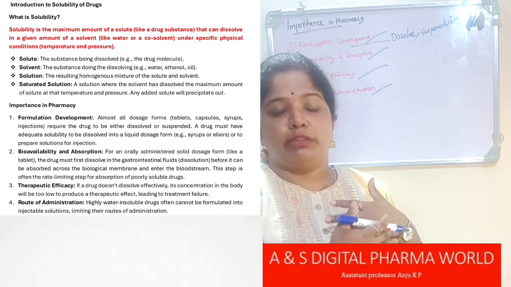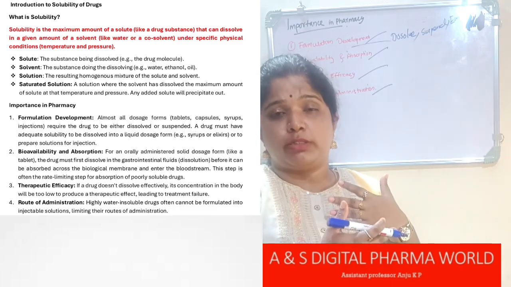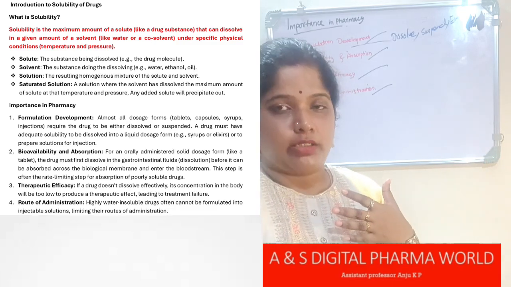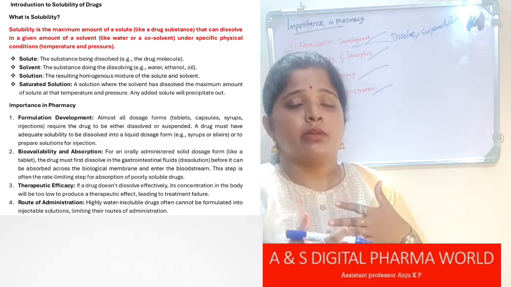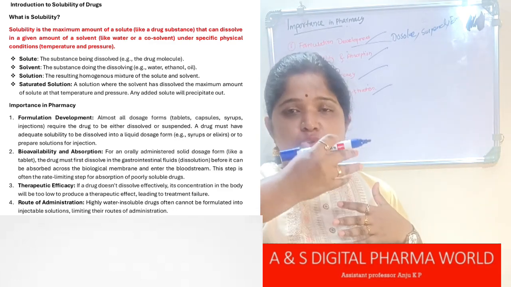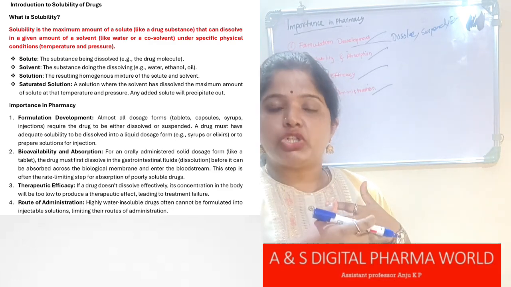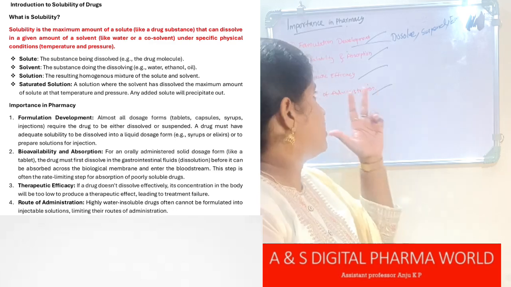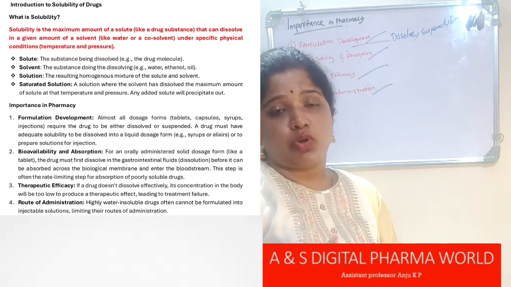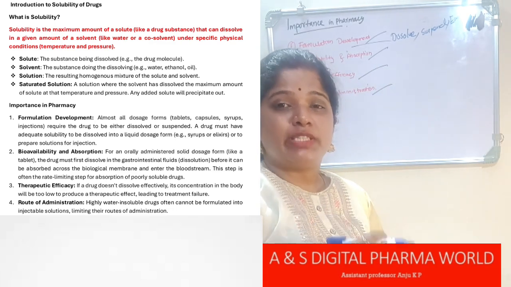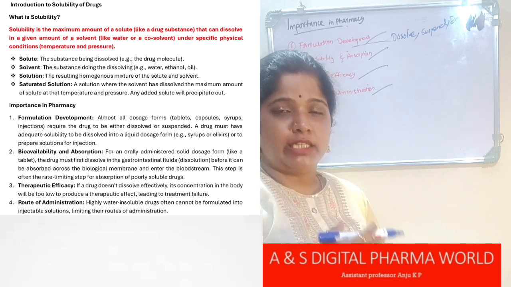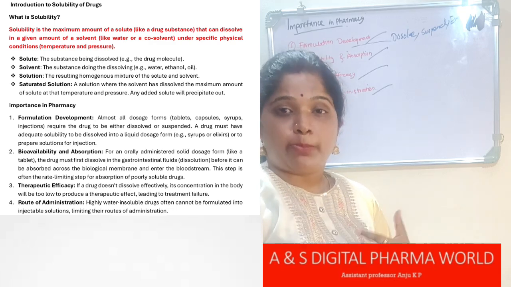If we are taking poorly water soluble drugs, it will be difficult. With slightly water soluble drugs, there also the limitation is there. So bioavailability and absorption is important because we have to achieve the solubility, then only the faster therapeutic activity will be achieved.